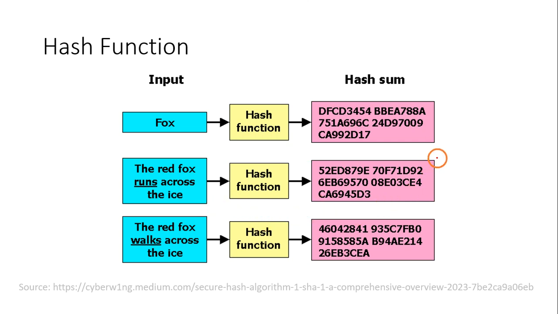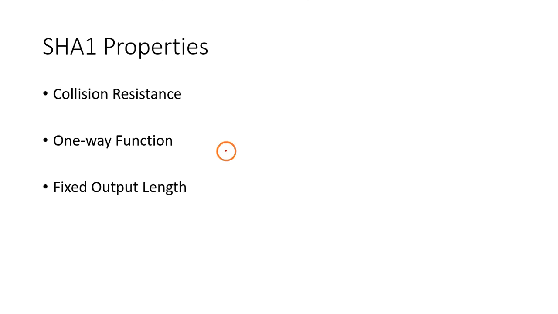Once you have this hash, you can't find the text that generated that hash. This is called the one-way property. And as I told you, the SHA1 algorithm generates a hash value of 160 bits, whatever length of plain text you give as input.